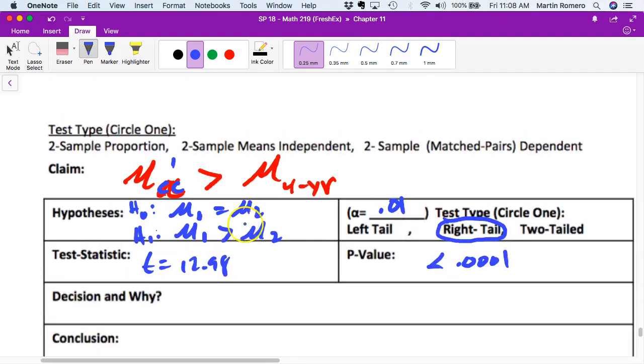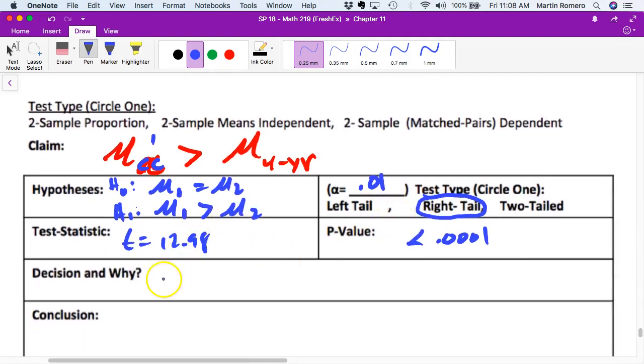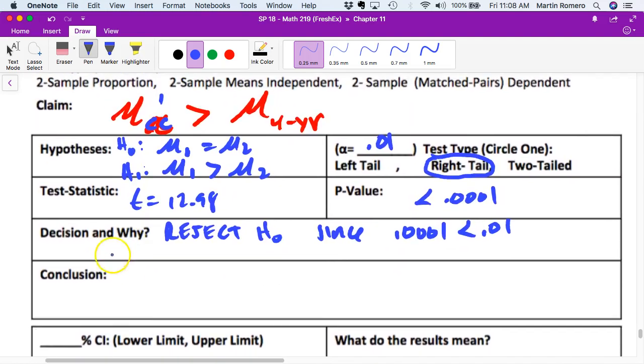What are we going to do in this case? Because the p-value is lower than alpha, we reject H naught, since 0.001 is smaller than 0.01. What's our conclusion?